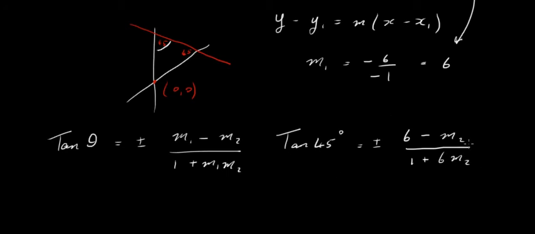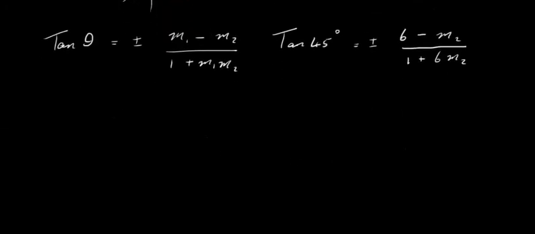Now we have everything in this equation here except for m2, so we can find the slope of our other line or lines. We'll actually get two slopes here because remember we have a plus and a minus here. So we know the tan of 45 is 1, so that's going to be equal to plus or minus 6 minus m2 all over 1 plus 6m2. Let me just split this up and we'll work it out.